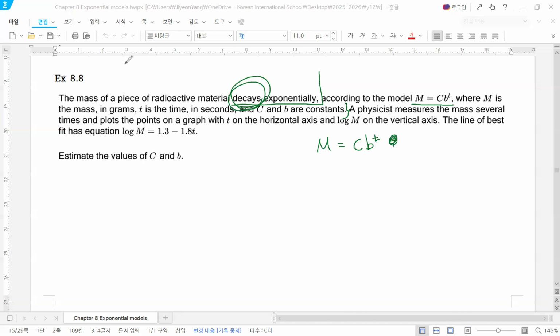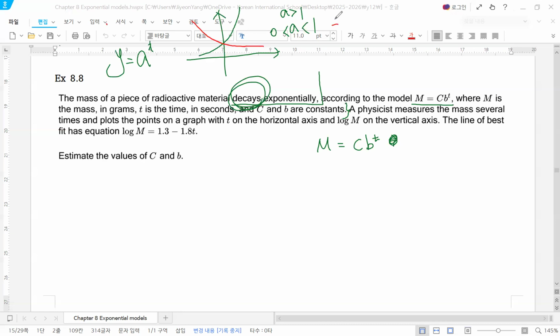So when y equals a to the power of x, there are two types of graph. If a is greater than 1, then this graph is increasing, exponential growth, right? When a is less than 1 but greater than 0, then the graph of a to the power of x should be decreasing, exponential decay. Do you understand?